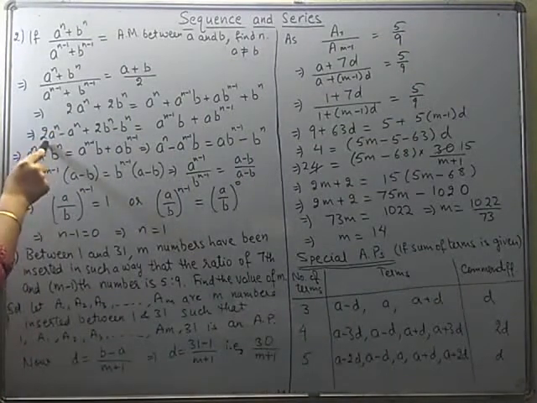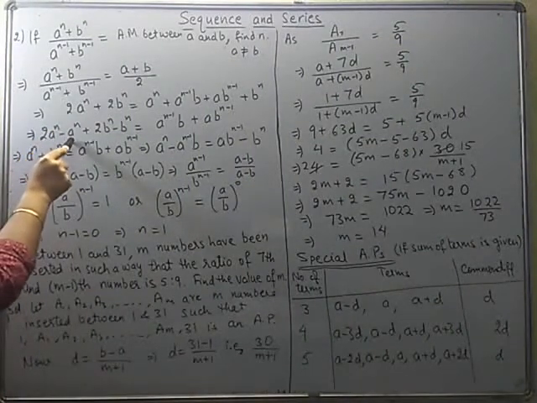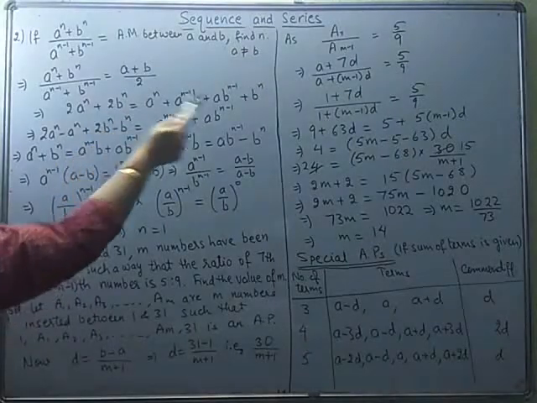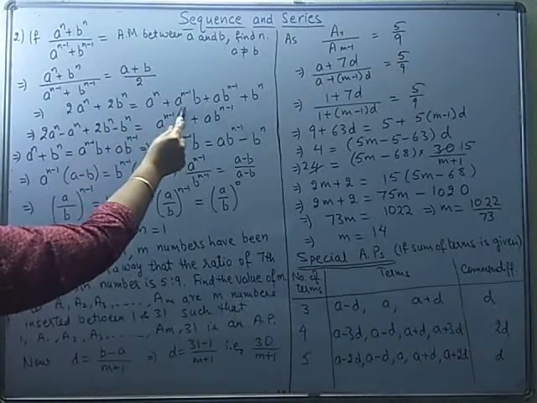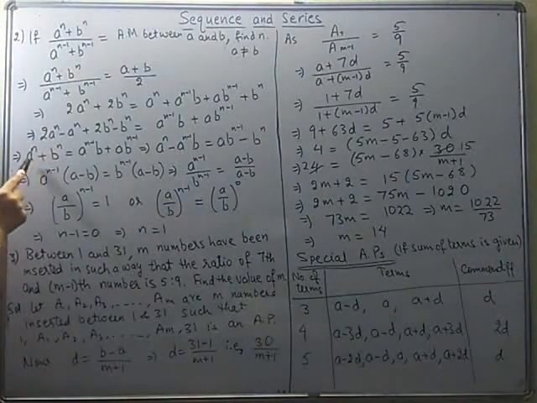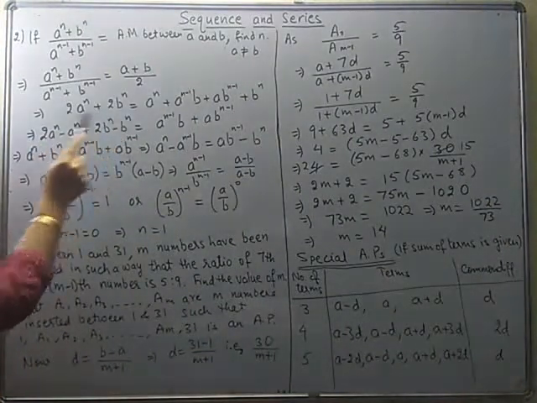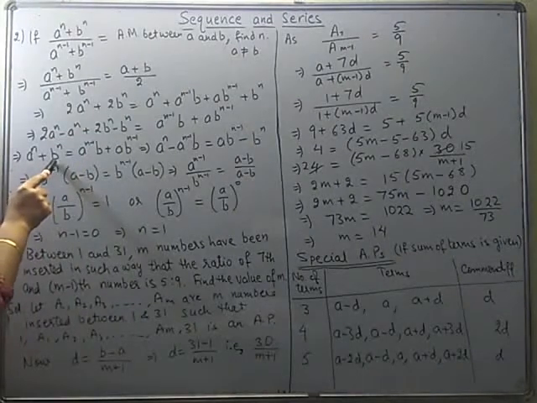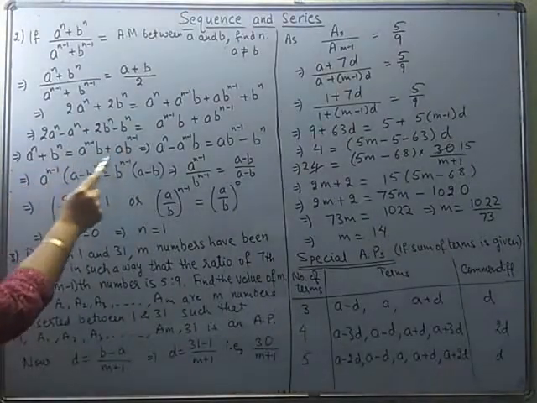So this is 2A to the power n minus A to the power n, 2B to the power n minus B to the power n, keeping these two terms on the right hand side. Now the difference of these two will become A to the power n, the difference of these two will become B to the power n. Again right hand side as it is.